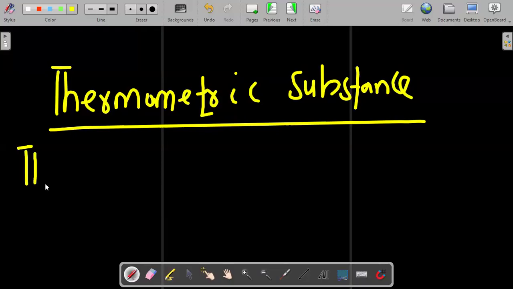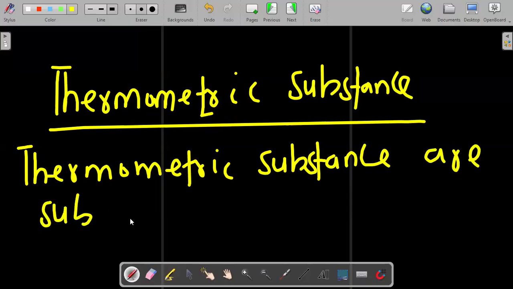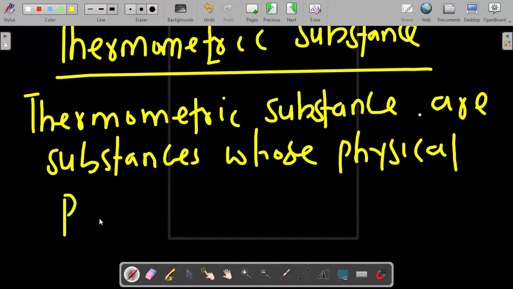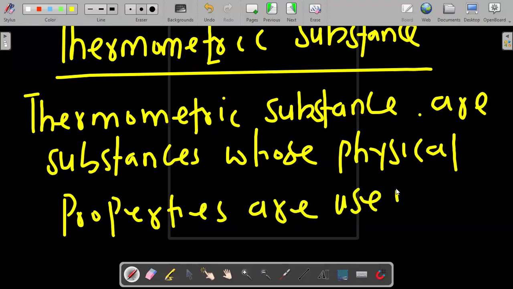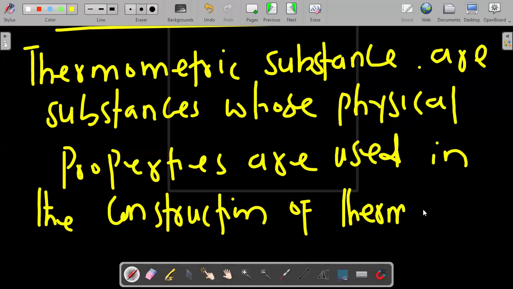Thermometric substances are substances whose physical properties are used in the construction of thermometers.